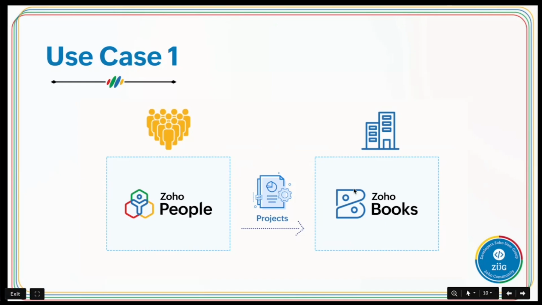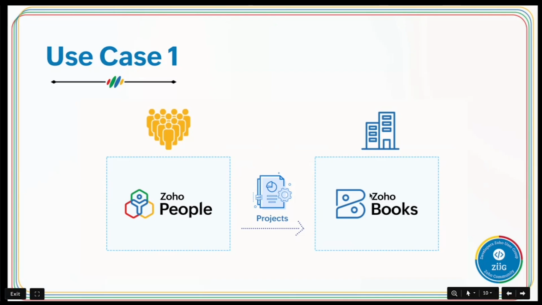But we need the project information, right? So in order to fetch the project information from Zoho People and make it available in Zoho Books, we are going to build an integration between Zoho People and Zoho Books. So this is going to be our use case.